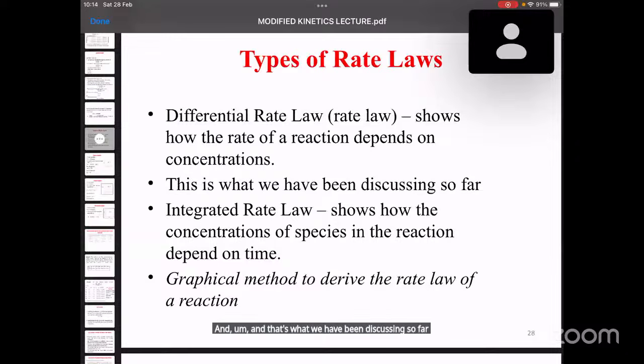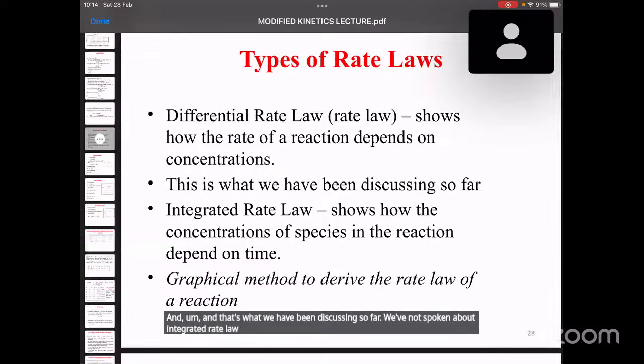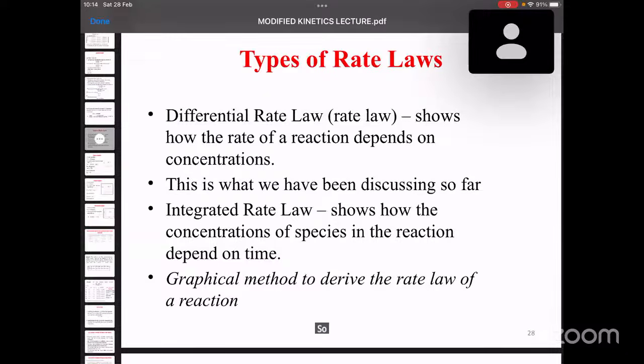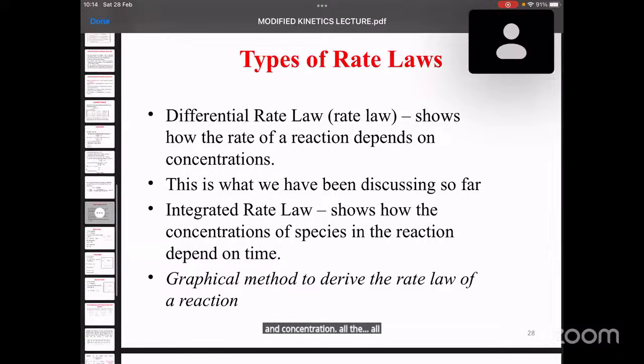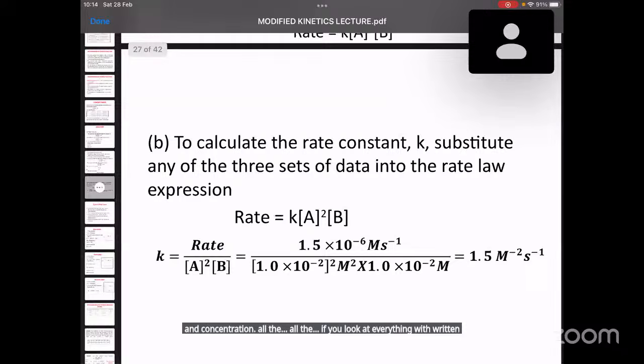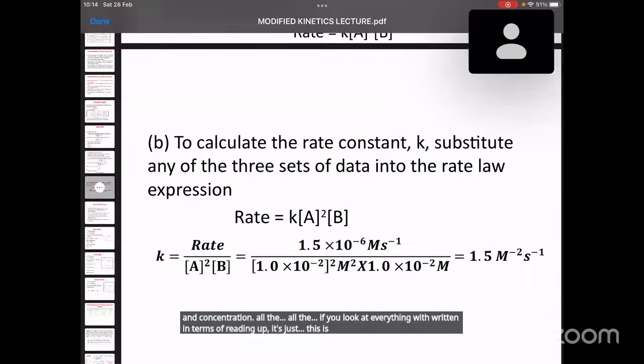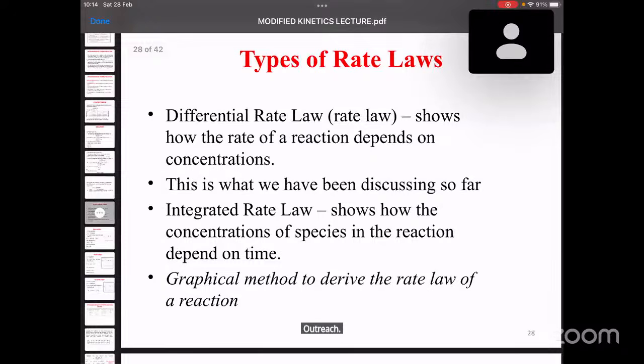We've not spoken about the integrated rate law at all. You realize that that equation contains rate and concentration. If you look at everything we've written in terms of rate law, you have rate, you have concentration. And we just said that the differential rate law shows you how rate depends on concentration.